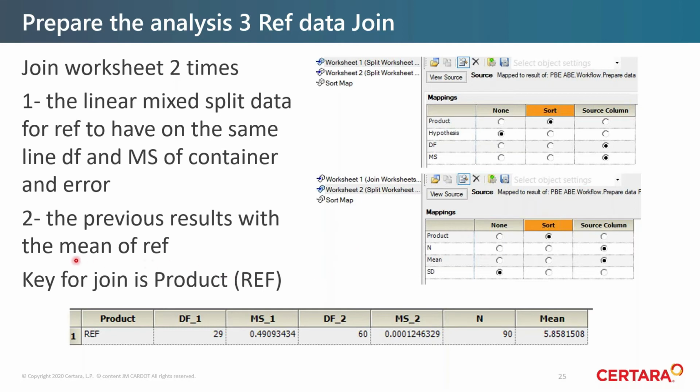So I'm going to use to join them a key, which is going to be the product. And I am going to have the degree of freedom 1, the mean square 1, the degree of freedom 2, the mean square 2, which is going to be, in this case, the containers and the error term, and here the mean values. So that means I start to create everything.